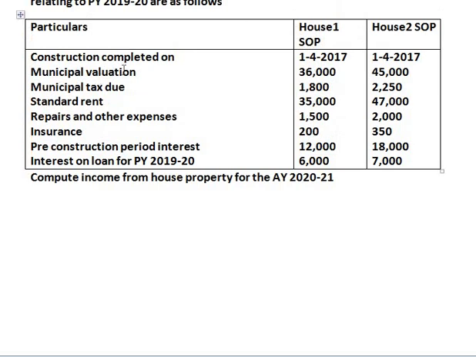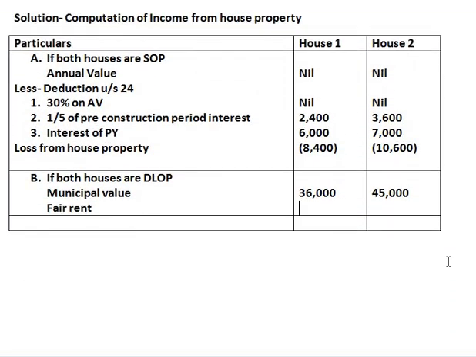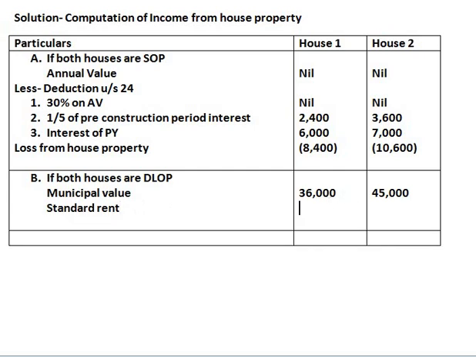You are given municipal valuation and directly you are given standard rent. So when fair rent is not given, directly skip the first step and jump to the second one, that is, we shouldn't take this fair rent, but we should take standard rent. Whenever you compare any value with the standard rent, you have to take whichever is lesser.